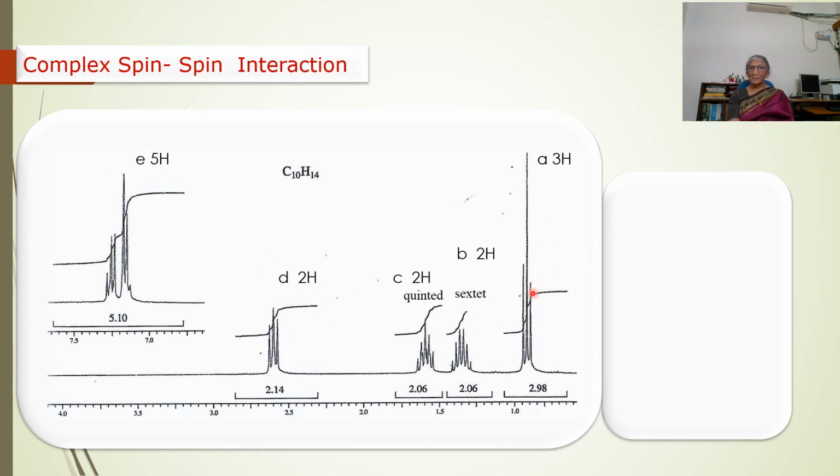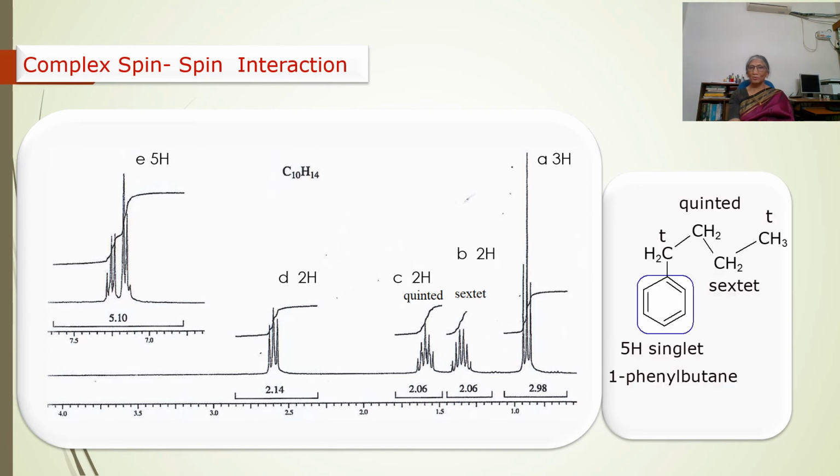Signal A is a triplet, B is a sextet, C is a quintet, and D again is a triplet. So the splitting pattern indicates that an n-butyl group is present. So this compound must have been 1-phenylbutane. You can see the structure of 1-phenylbutane.